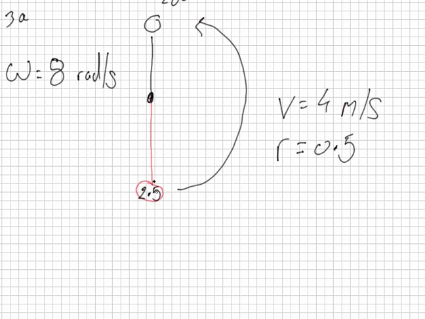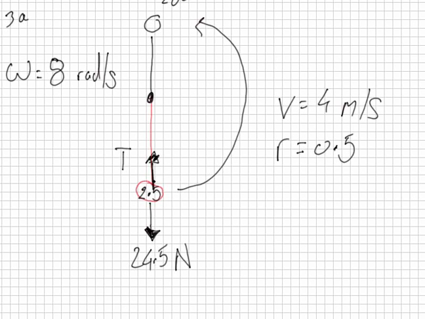What forces act on this? There are only 2. Gravity: 2.5 multiplied by 9.81 gives 24.5 newtons. And then there's an upward tension force T here.